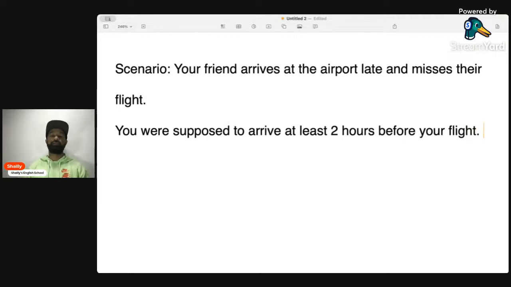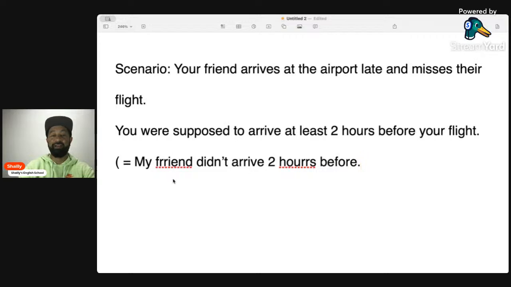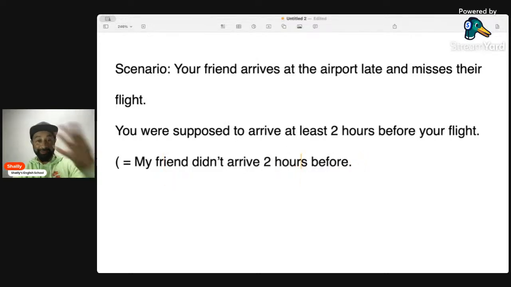What does this sentence mean? This means my friend didn't arrive 2 hours before. Maybe my friend arrived 1 hour before, or 30 minutes before, maybe 10 minutes before. So my friend misses his flight.